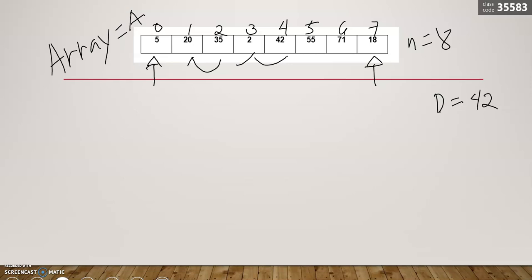So the element 42 is at index 4. You will see the value 42 at index 4, but it is the fifth element.